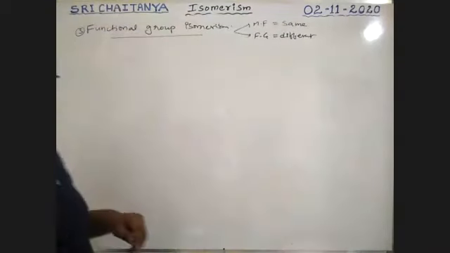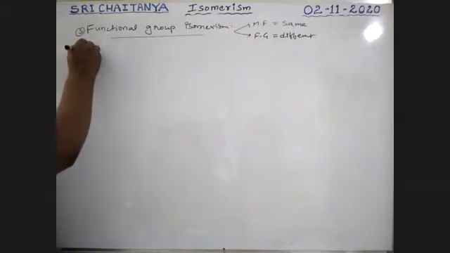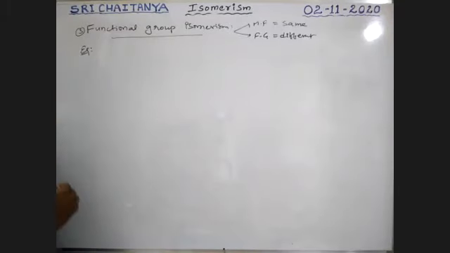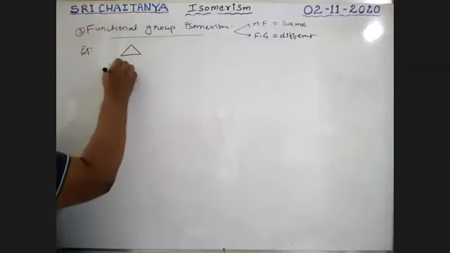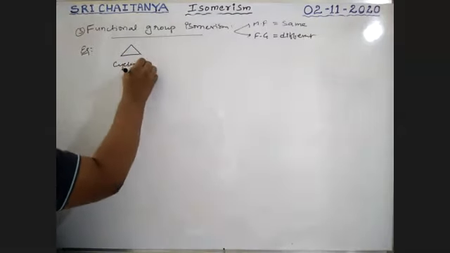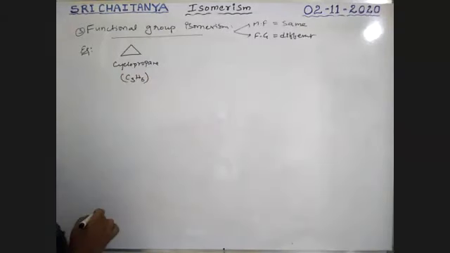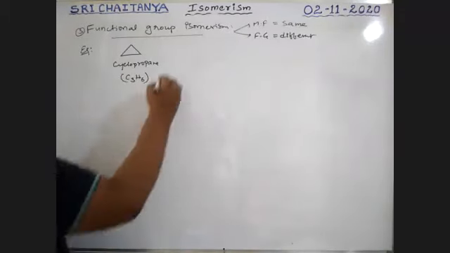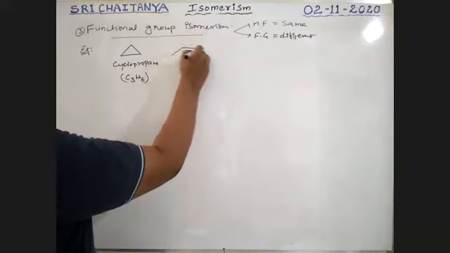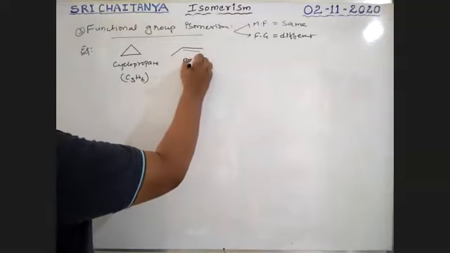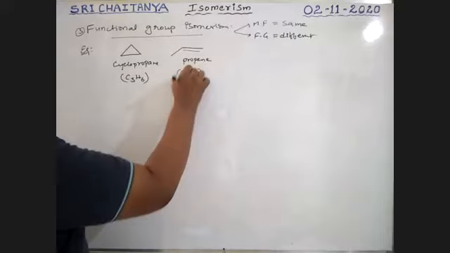See here. So let us identify the conditions. Examples. It is cyclopropane, formula C3H6. Next, it is propene, also C3H6.